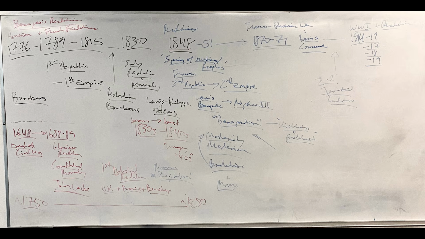So you have a slave revolt in the Haitian Revolution, you have a Haitian Republic, but then Napoleon reestablishes slavery in Haiti. The reason he does that is that you can either reestablish slavery and reestablish French control, otherwise Haiti's going to come under English and Spanish control.